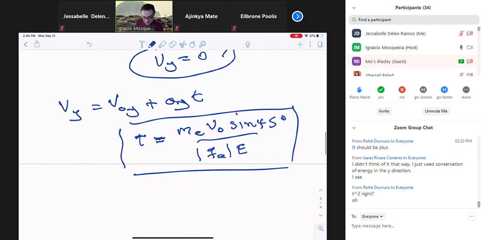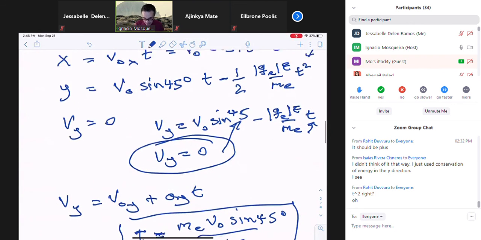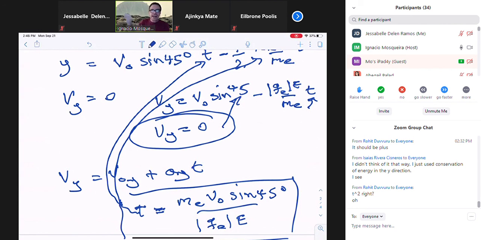Okay, now I take this time and I stick it in the y equation, because then I found h, the elevation at that time.